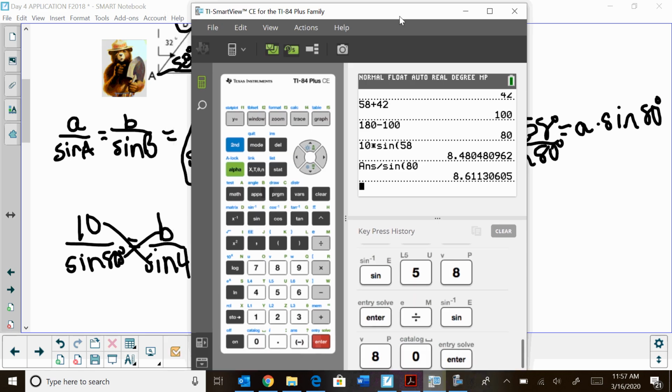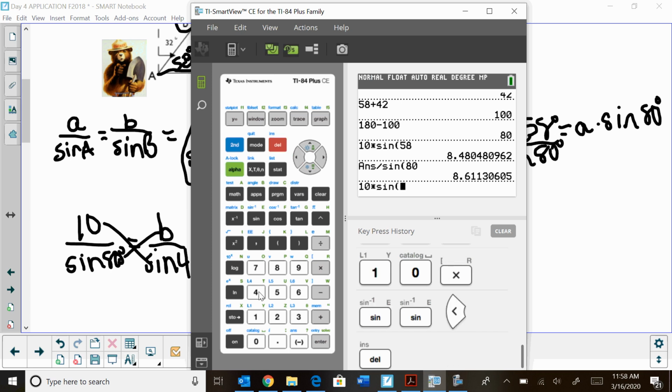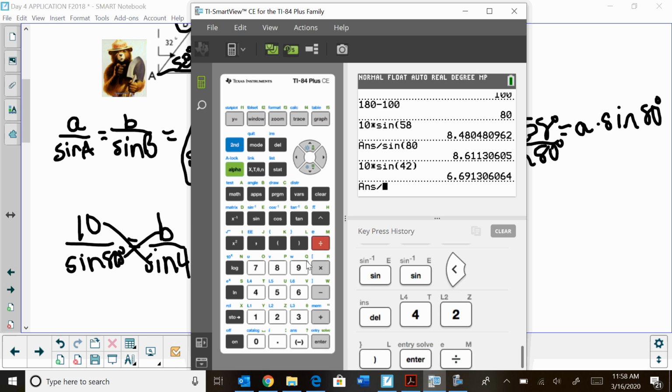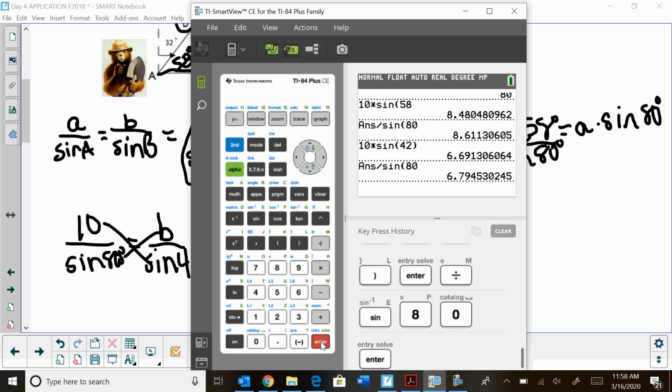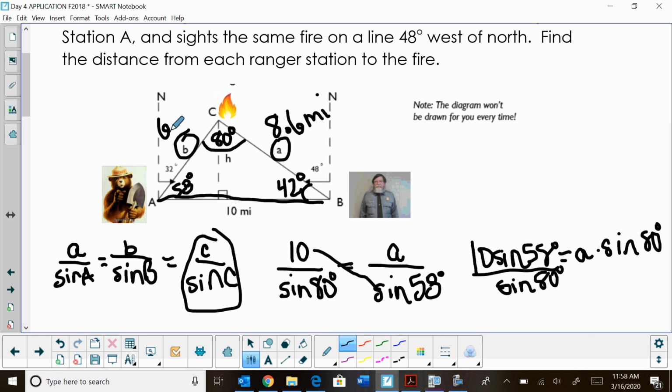So once you multiply those together, I'm going to take 10 times the sine of 42. Get that answer. Divide that by the sine of 80. And that should give me my distance. 6.79, so 6.8 miles. So B is 6.8 miles.